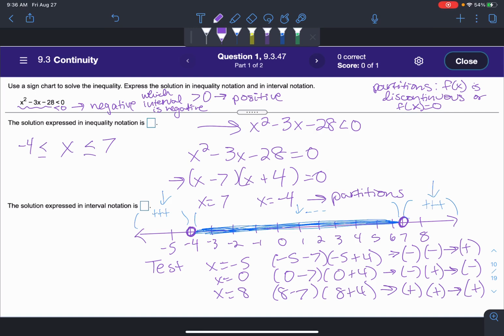I'm not going to put less than or equal to, so that's why I don't have the equals here. So that's our inequality. And then to translate it to interval notation, we do the same thing, but now we don't have x, so we write the endpoints. And then remember a few questions back, we don't want to include -4 and 7, so we use parentheses for that.